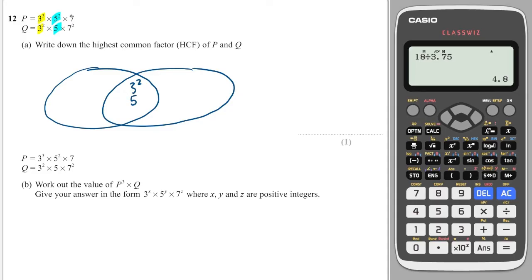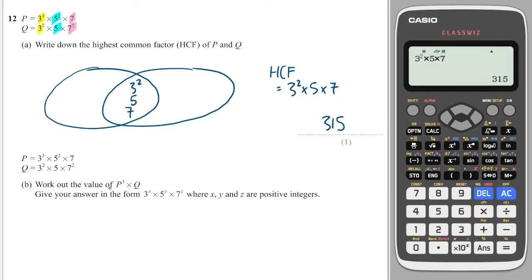And if we look at the 7's, they both just have a single 7, so that goes in the middle. So the highest common factor is equal to 3 squared multiplied by 5 multiplied by 7. So it's what they share, so it's always the lowest power of a number they share will go in the middle, and multiplying them together will give you the highest common factor.